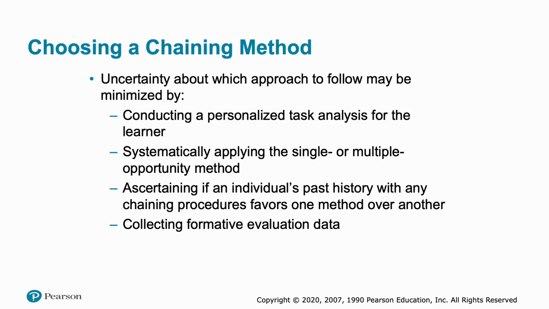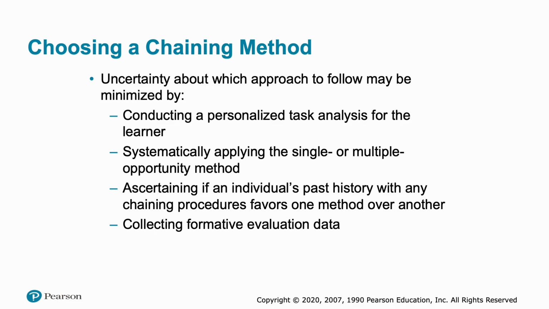You might lose them, meaning that they might not be attending anymore, they might engage in problem behavior, etc. But if they already have a lot of those behaviors in their repertoire during baseline, then you could probably do total task chaining, because they're more likely to contact reinforcement for those steps that they can independently complete, and they'll be able to more quickly access that terminal reinforcer for completing the behavior chain.